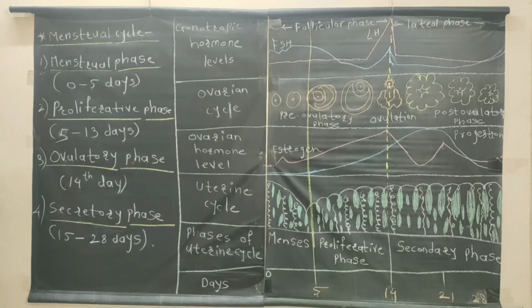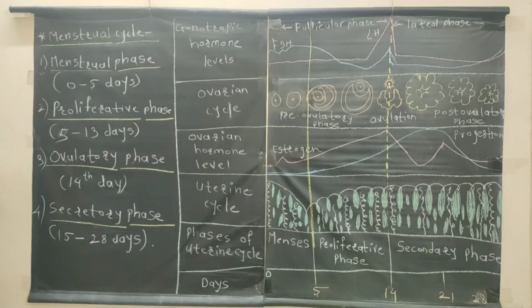So, in the previous lecture, we have seen the female reproductive system, tiers of the ovary, as well as development and structure of an ovary. On the basis of development of the ovary, the menstrual cycle depends.